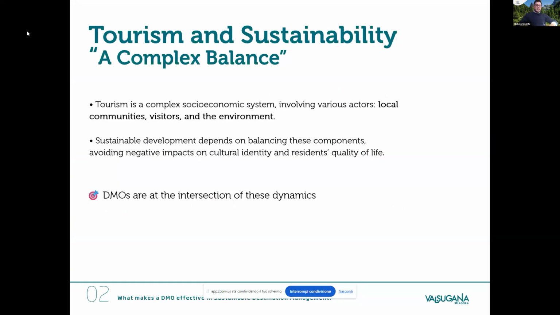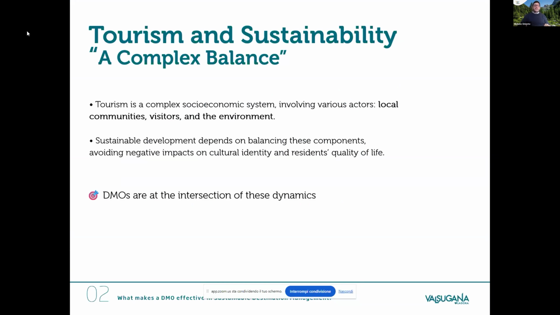So tourism is a dynamic sector and is very complex because inside we have to consider many topics and many problems. In fact, tourism, this is my definition, and I love this: tourism is a complex socio-economic system involving various actors, local communities, visitors, and environment.